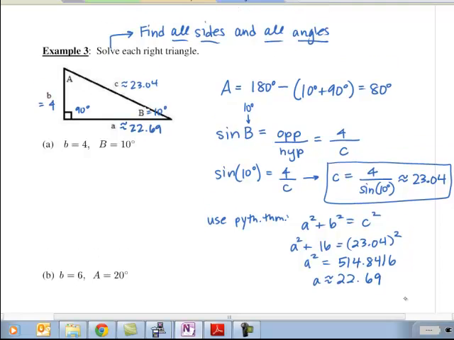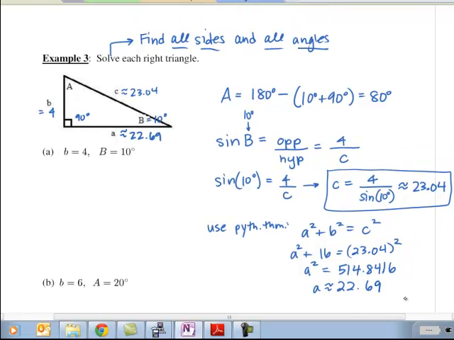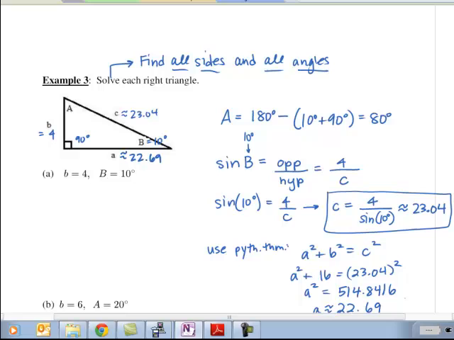Alright, so the key things we used here were that the sum of the angles has to be 180 degrees, and the sides have to satisfy the Pythagorean theorem because we know we're talking about a right triangle.